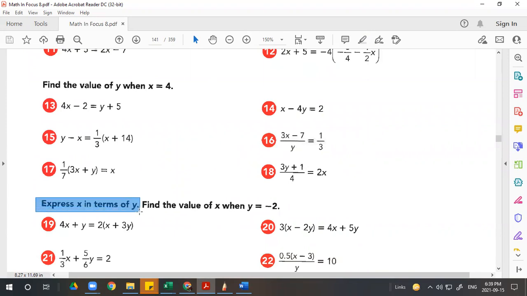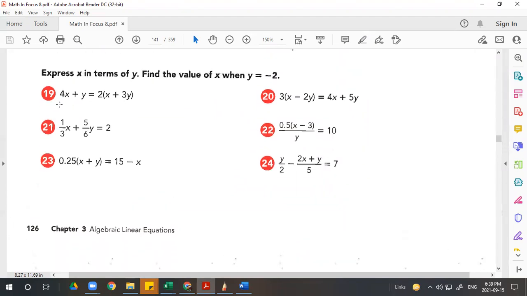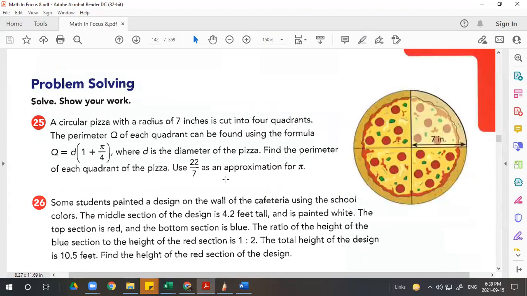Again, express x in terms of y means treat x as the subject. So isolate x and find the value of x when y equals -2. We already discussed until 24, but some of them are about fractions, so you need to pay attention to the fraction itself. And the word problems, I think, are quite simple.